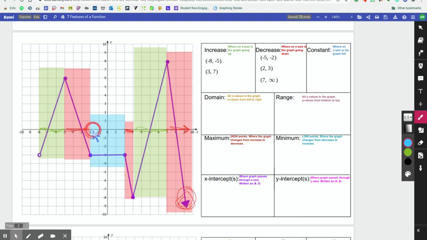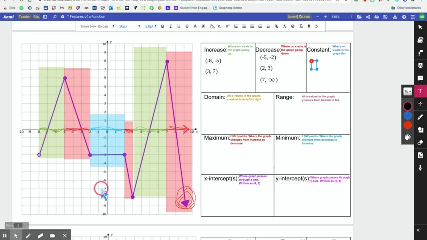When I look at this, from what number on my x-axis to what number is my graph flat? -2 to 2. Perfect. So when we write that out, -2 to 2. Beautiful. Amazing. Okay, so that's how we do increase, decrease, constant.